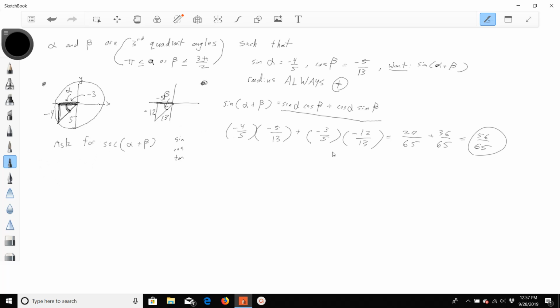But secant of alpha plus beta is one and the same as 1 over the cosine of alpha plus beta, which we know. So if they give you the other 3 trig functions, the ones that you don't know, you can just write them in terms of the ones you do know.